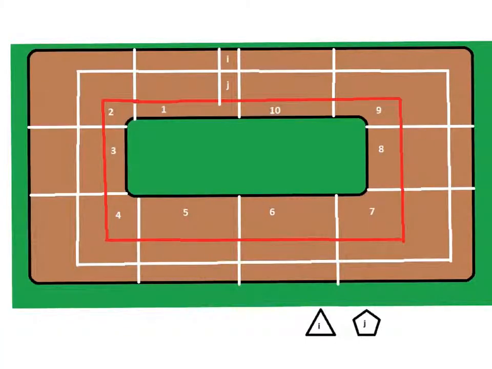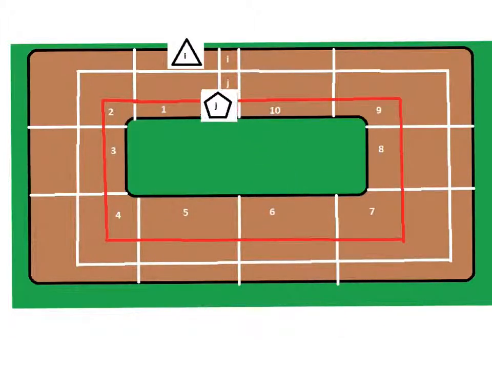Here I have my for loop racetrack, or nested loop racetrack. So I have my piece for I, which I'm going to put right up here, and I have my piece for j that I put up here. So right now both are in the one position. What has to happen with nested loops is that the inner loop has to get through an entire cycle before the outer loop can move on to its next position.